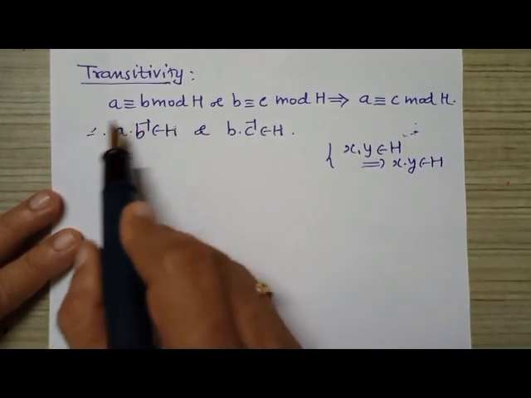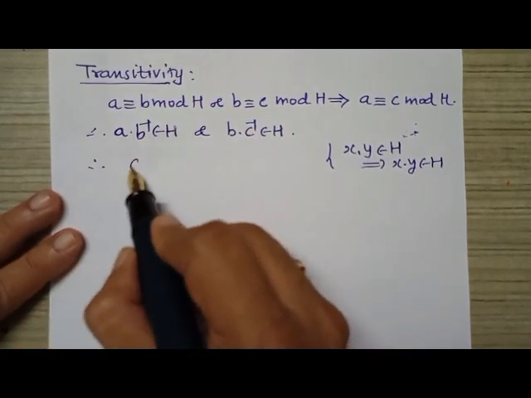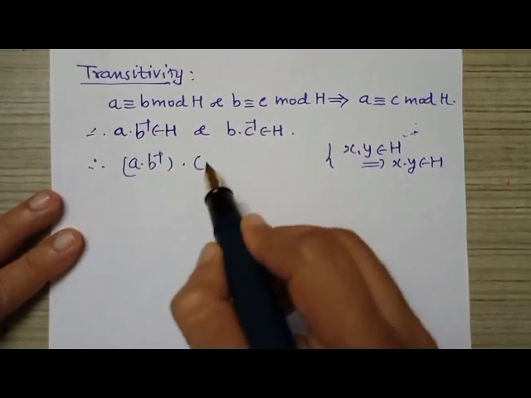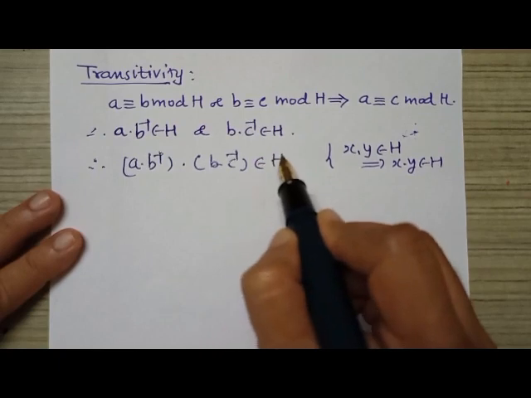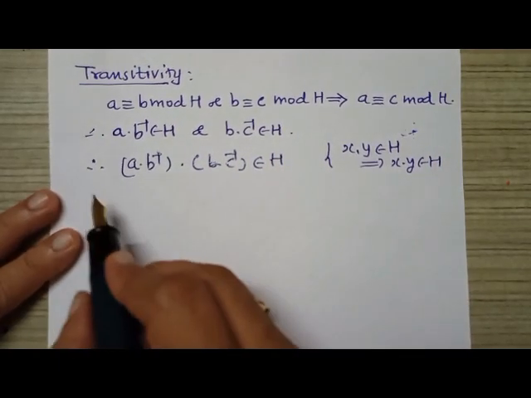So, we consider these as X and Y. X means A B inverse, Y means B dot C inverse, and the product of them will be a member of the subgroup.